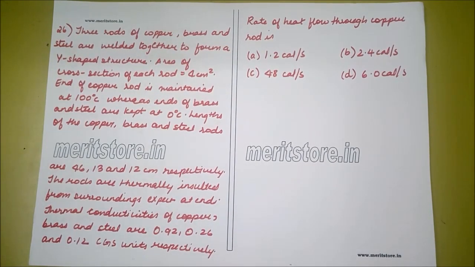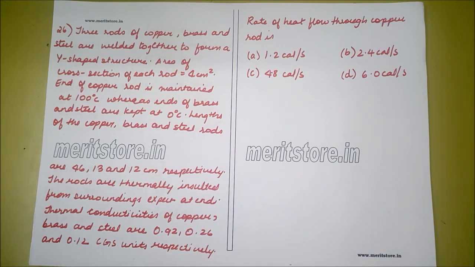Three rods of copper, brass and steel are welded together to form a Y-shaped structure. Area of cross-section of each rod is 4 cm square. End of copper rod is maintained at 100 degrees Celsius, whereas ends of brass and steel are kept at 0 degrees Celsius. Lengths of the copper, brass and steel rods are 46, 13 and 12 cm respectively.